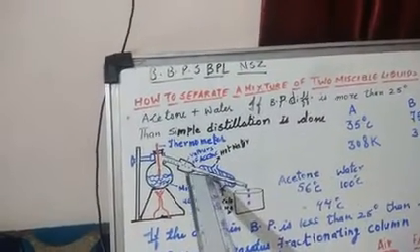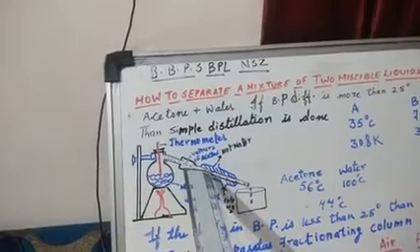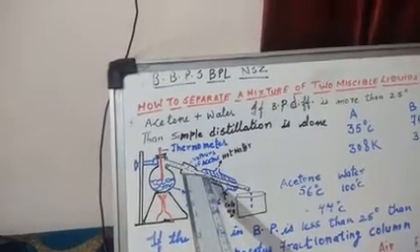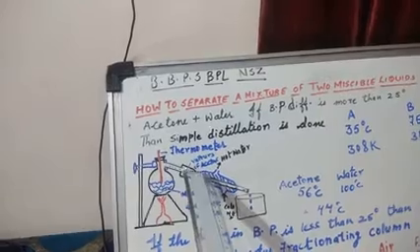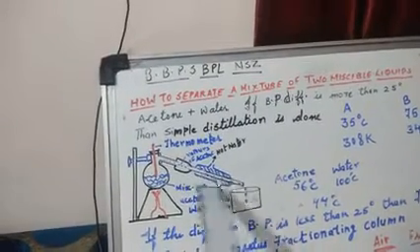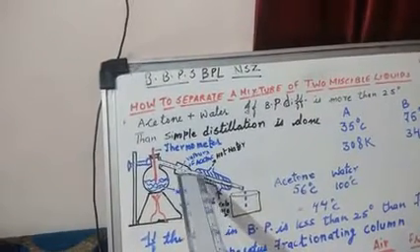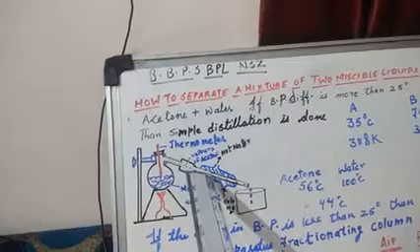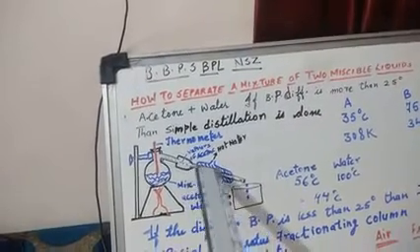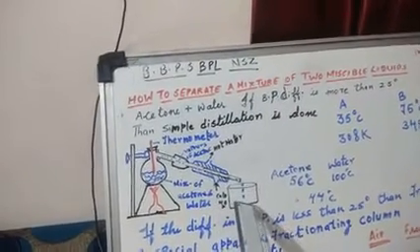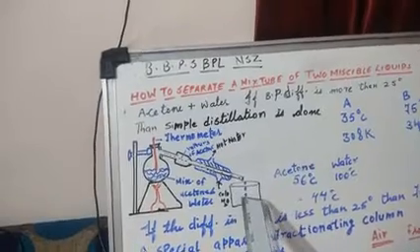So all the heat of these vapors is given to this cold water which is circulated outside, and the vapors become cool, and when you cool the vapors, they get converted into liquid form, and thus this acetone is collected here.